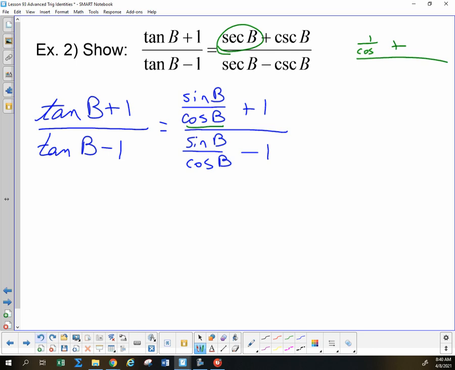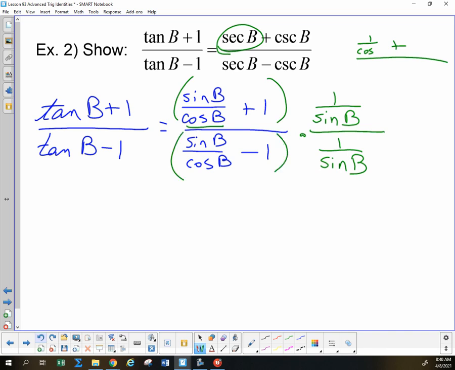So my next thing I'm going to try is, what if I multiply the whole numerator by 1 over sine b? Because then I'd have 1 over cosine, and I'd at least be starting with the secant that I'm going to want. But if I do that in the numerator, I've got to do that in the denominator. This original numerator had a plus, and this one had a minus, so they need parentheses.